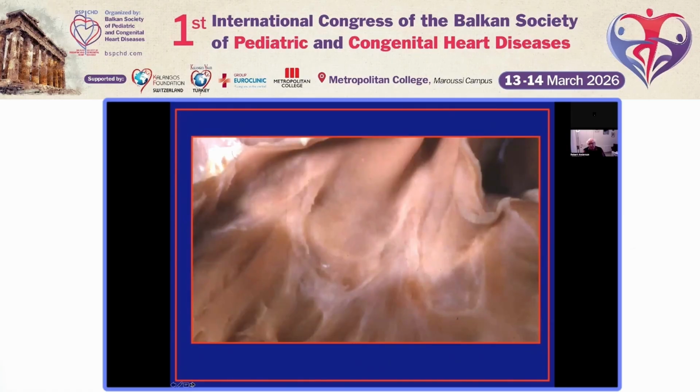We can see that much better if I show you an open pulmonary root where I have cut away those leaflets. And now we can see the hinges of the leaflets. And you see that all of the hinges cross the myocardial junction between the infundibulum and the arterial wall of the pulmonary trunk.